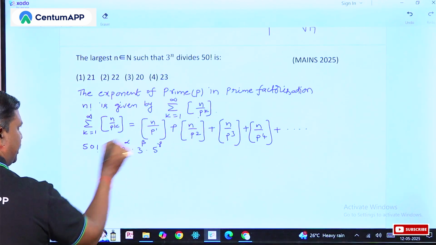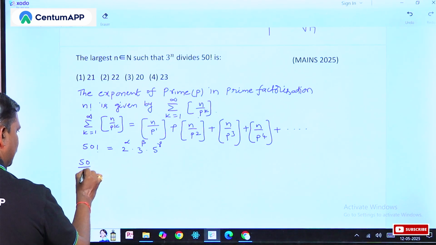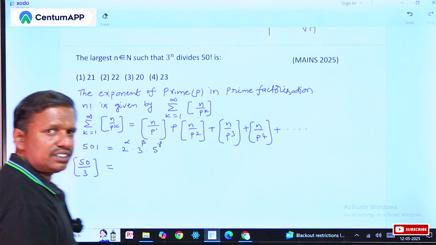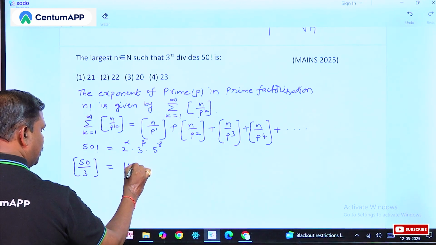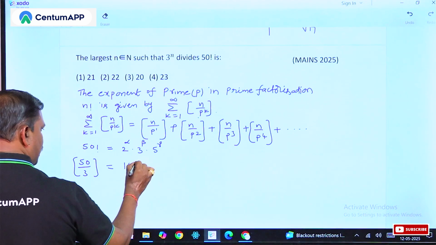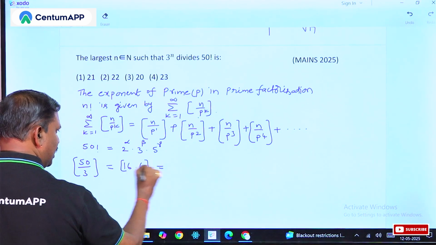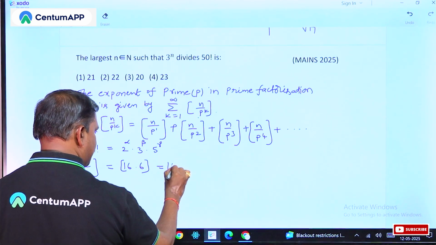First, we find the n value. Here, 50 by 3. Now divide by 3: 3 ones are 3, 3 sixes are 18, remainder 2. That is approximately 16.6. The bracket function of 16.6 is 16.